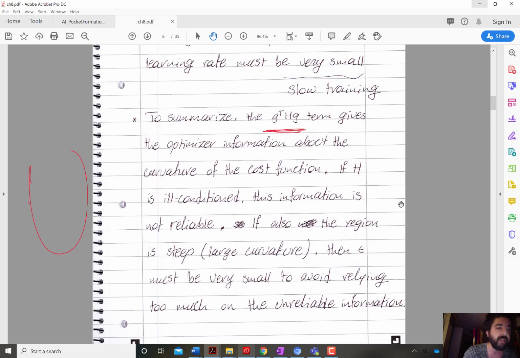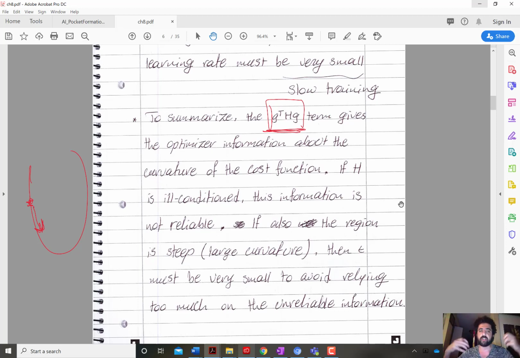So I'm standing at this point, what stochastic gradient descent would do is that it relies on the first order derivative to update the parameters. So it's trying to minimize the cost through only information about the first order derivative. Now you can think of this term right here as incorporating information about the curvature so that you can know whether you should take a big step or not.